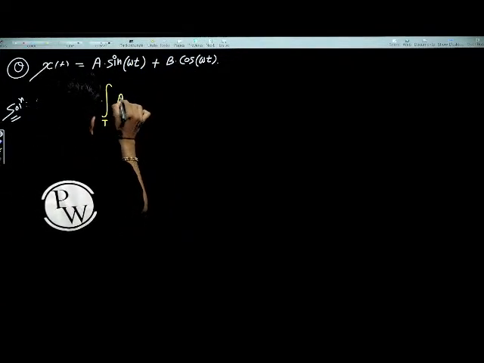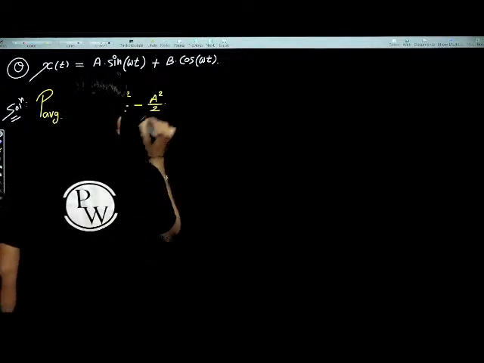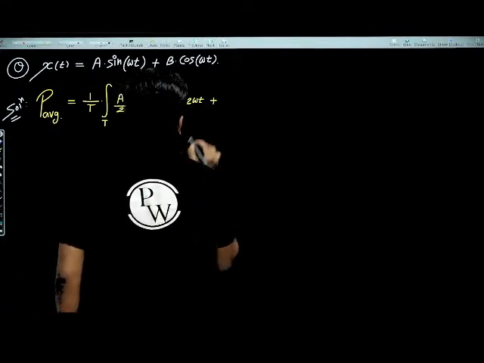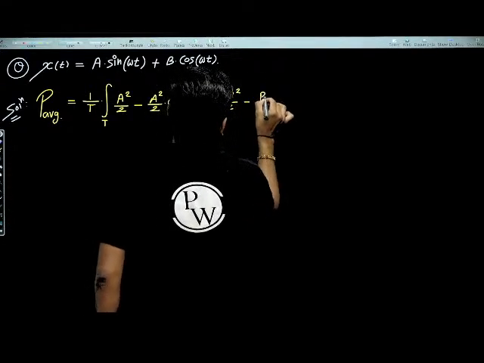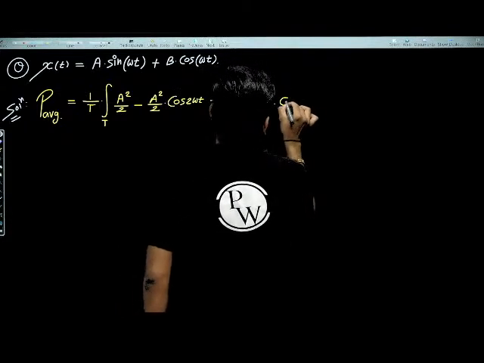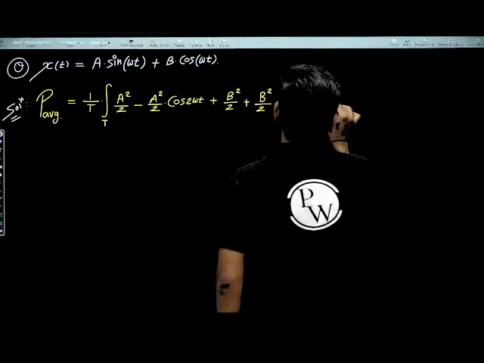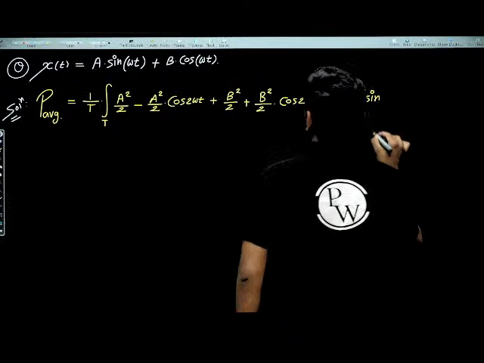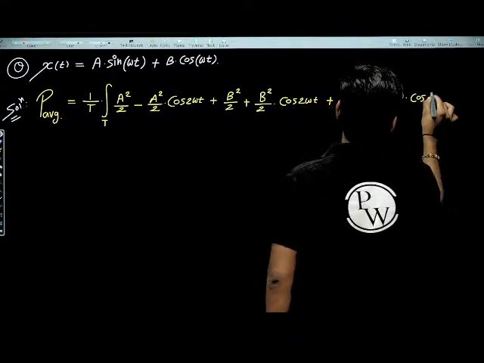So it is a square by 2 minus a square by 2 cos 2 omega t plus b square by 2 minus b square by 2 plus cos 2 omega t, correct, plus 2ab sin omega t into cos omega t.